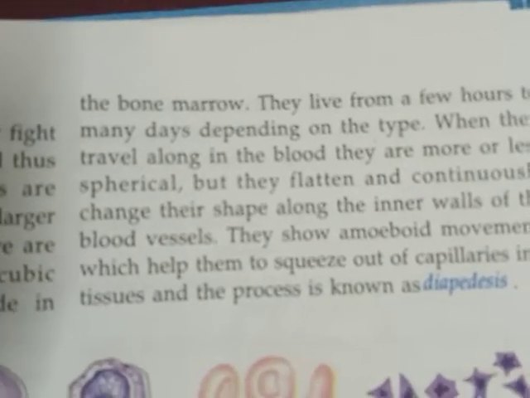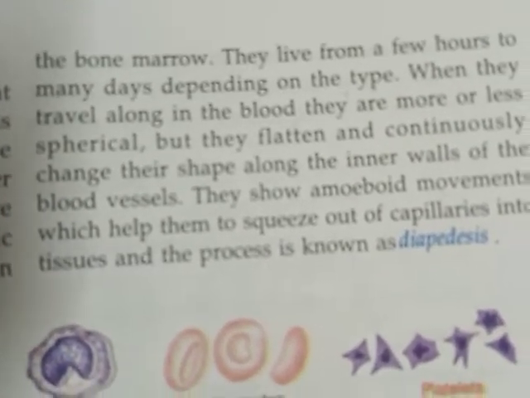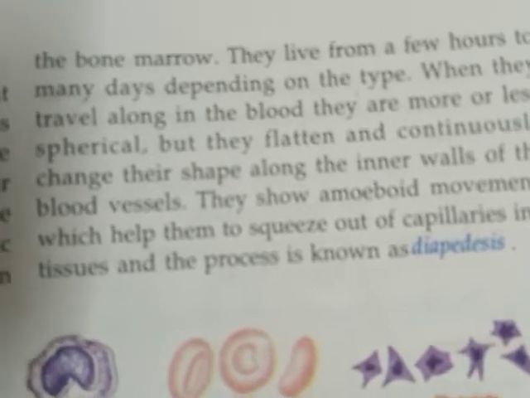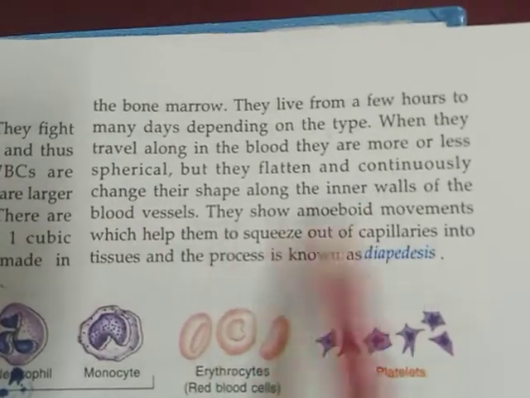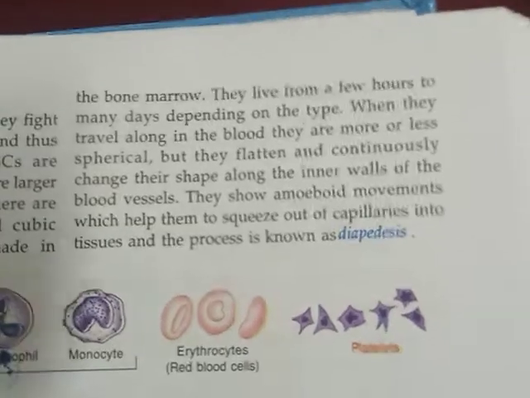Now, we have seen, children, the lifespan of a red blood cell is between 100 to 120 days, and here they live from a few hours to many days. When they travel along the blood, they are more or less spherical. Their shape is more or less spherical when they travel along in the blood vessels.